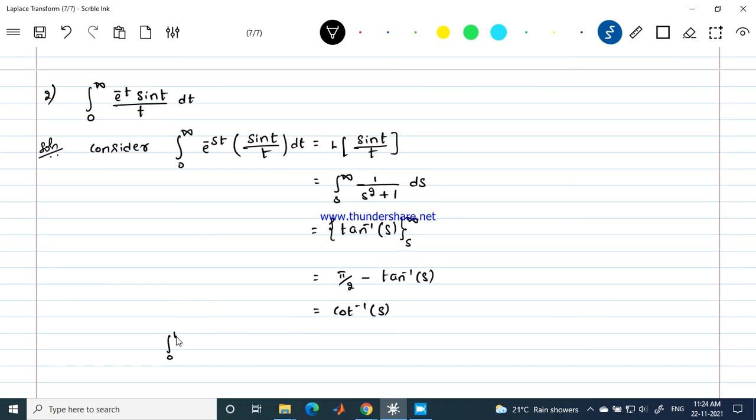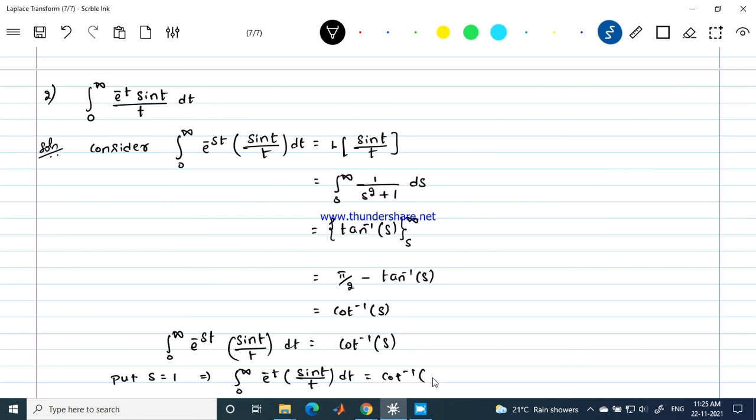So integration 0 to infinity e power minus st sine t by t dt is equal to cot inverse of s. Here I need to replace s by 1. So that will give us integration 0 to infinity e power minus t sine t by t dt. This is the given integral, that's equal to cot inverse of 1, which is pi by 4.